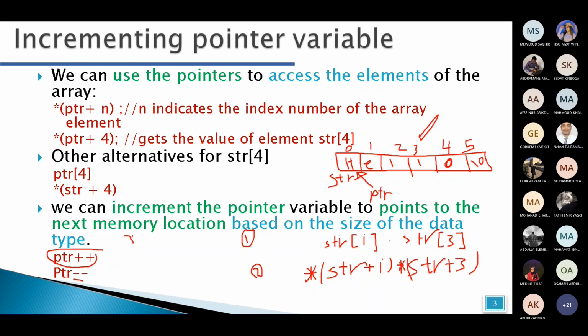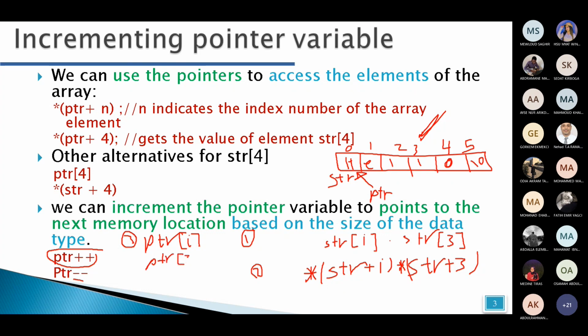Third way, now we use the pointer ptr. In the same way, you can use the pointer ptr with the index of the element. So you can say the third element, this one, is ptr[3].